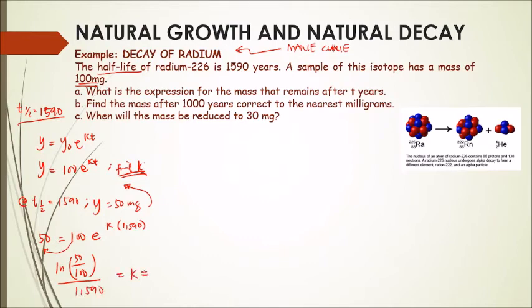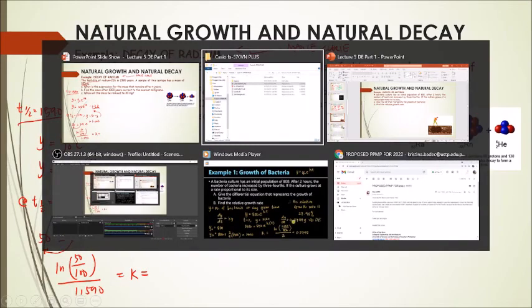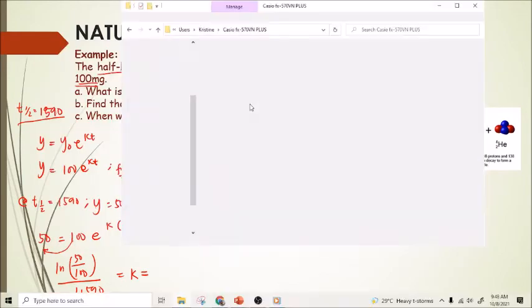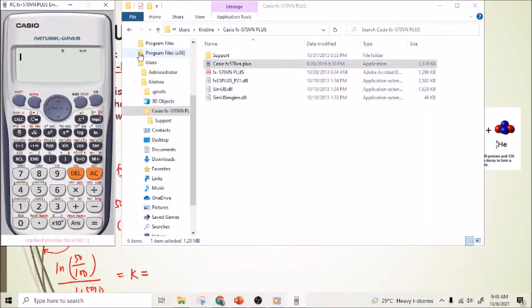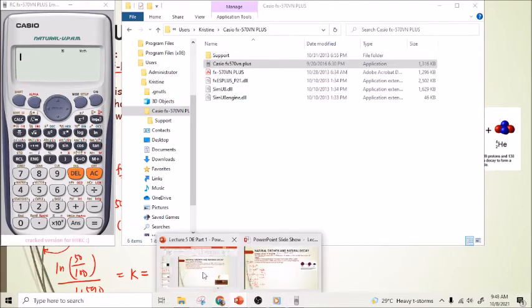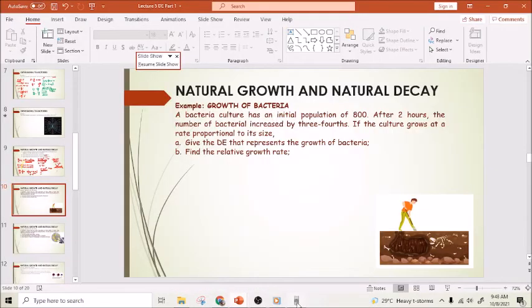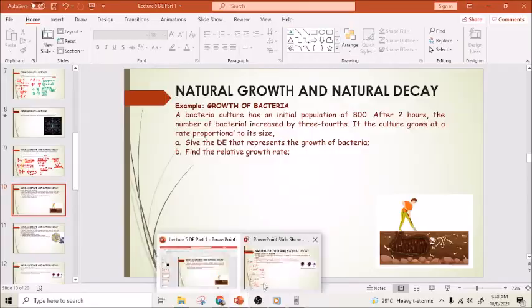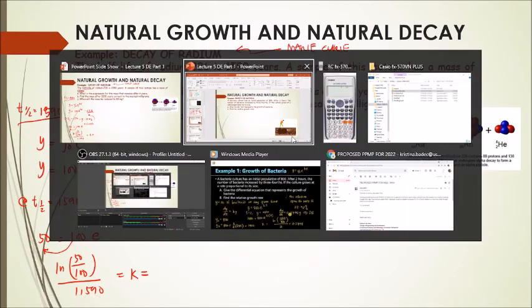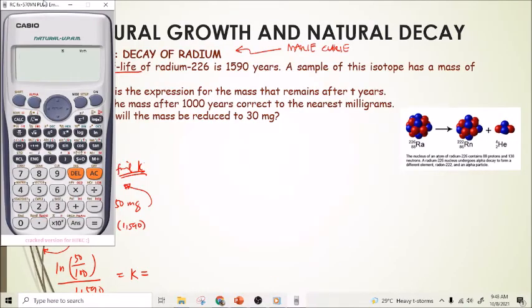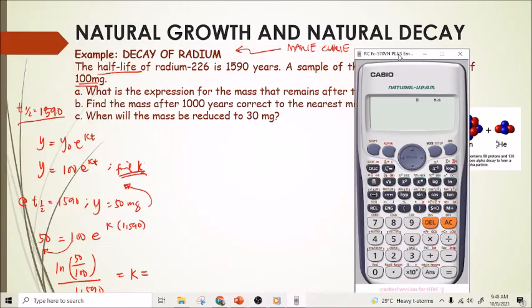Now for the ln, I will try again with our calculator. Calculator, please do not exit. So I will not store anything, it's just multiply.